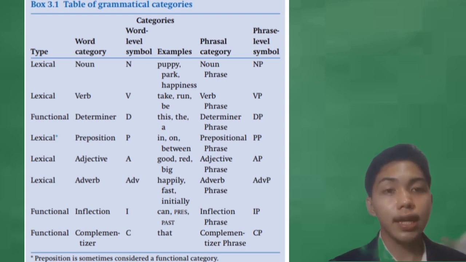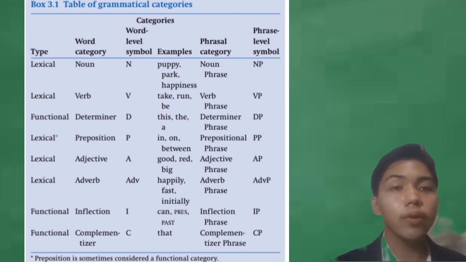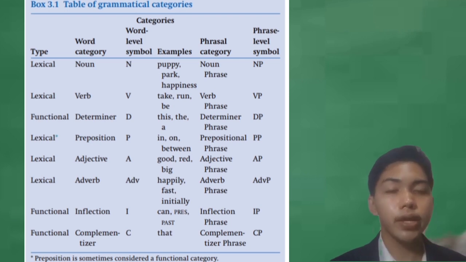The next one is lexical, adverb, Adv, happily, fast, initially, adverb phrase, and AdvP. The next one is functional, inflection, I, can, present, past, inflection phrase, and IP. And the last one is functional, complementizer, C, that, complementizer phrase, and CP.